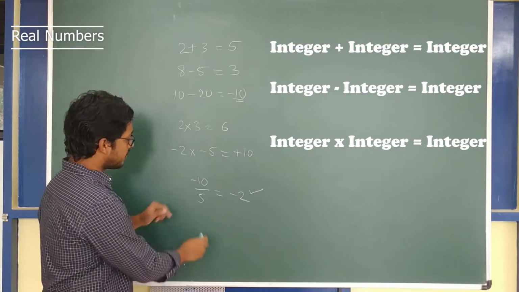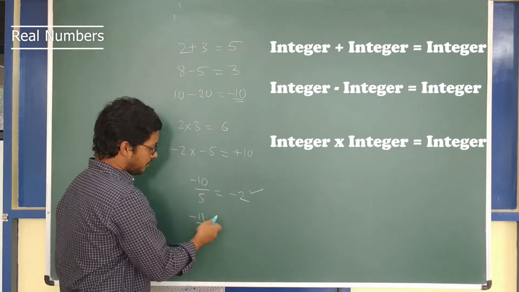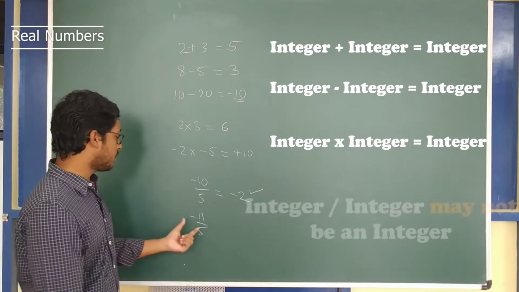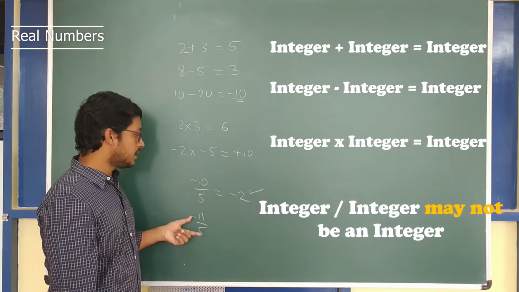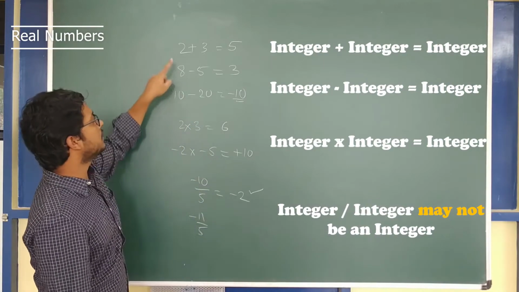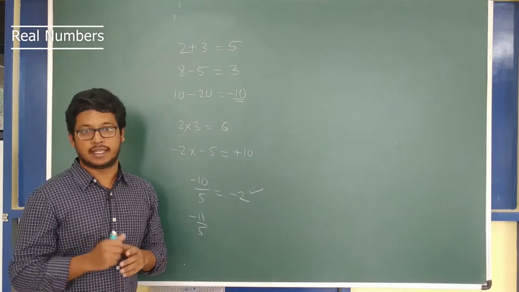But the same thing if I take minus 11 by 5, the answer is minus 11 by 5, which is a fraction, which is not an integer. So division of integers may not always be an integer. But if you add, subtract or multiply, the resultant will always be an integer.